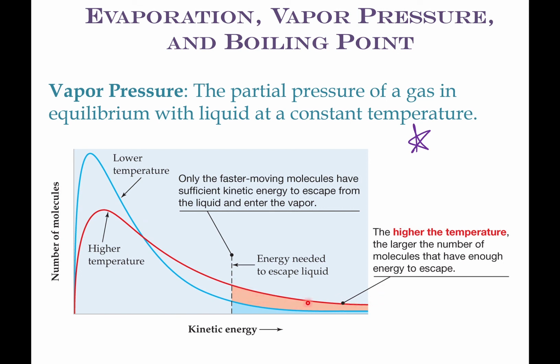So this orange part here is going to have more molecules in it than if we started at the lower temperature. Only the faster moving molecules are going to have enough energy to escape the liquid form, versus this blue curve, where they didn't have enough kinetic energy because they were at a lower temperature to begin with, so they didn't pick up the energy in order to escape the liquid.